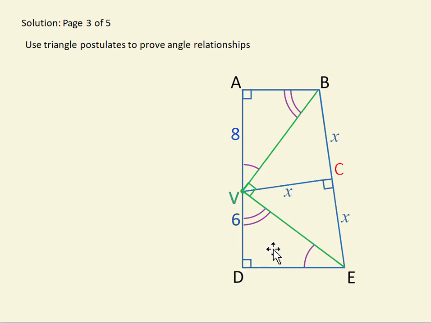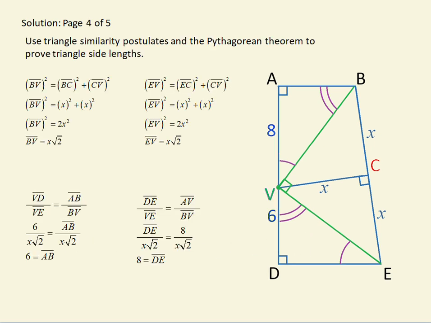This is pretty much the same triangle, just transposed when you look at it. So now that we can see the relationships of the complementary angles, we can further use triangle similarity postulates. We're going to use the similarity postulates and the Pythagorean theorem to prove the triangle side lengths.